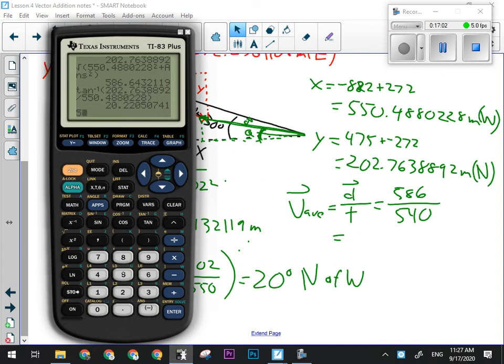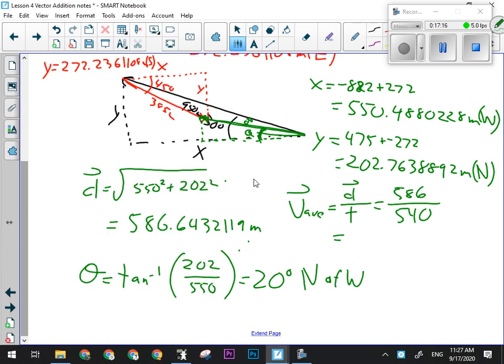So 586.643219 divided by 540. Okay, so we're looking at two significant digits here, 1.1 meters per second at 20 degrees north of west. You could also have 70 degrees west of north, and that would also be acceptable. Okay, everybody with me there?